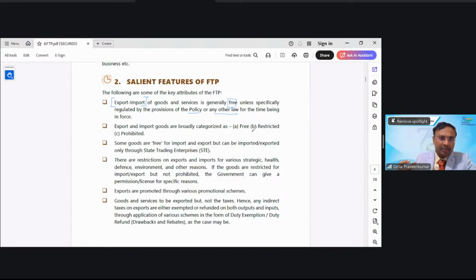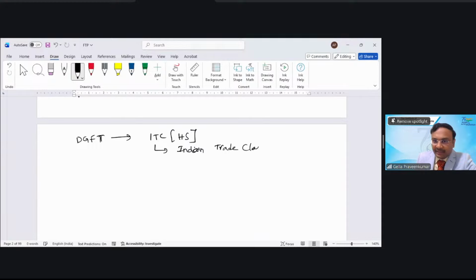Now, let me come to my Word document. DGFT has an ITC-HS, Indian Trade Classification based on the Harmonized System code.